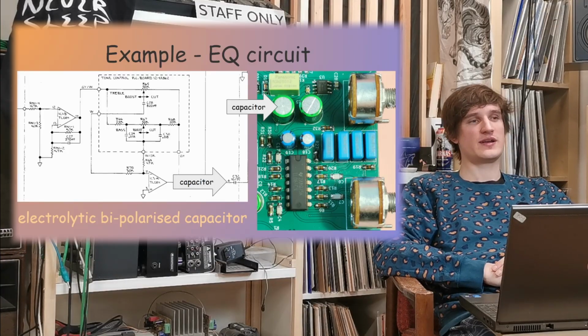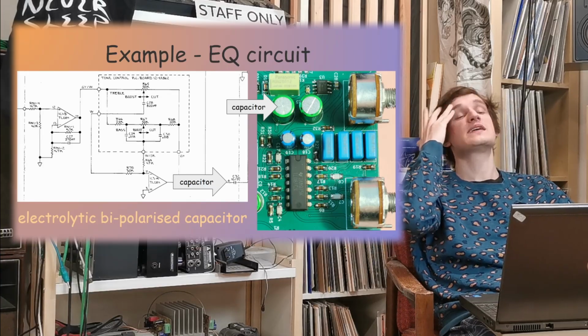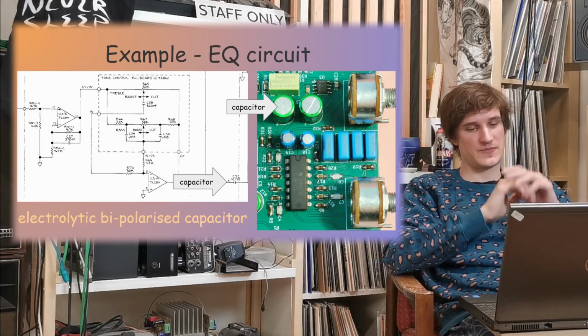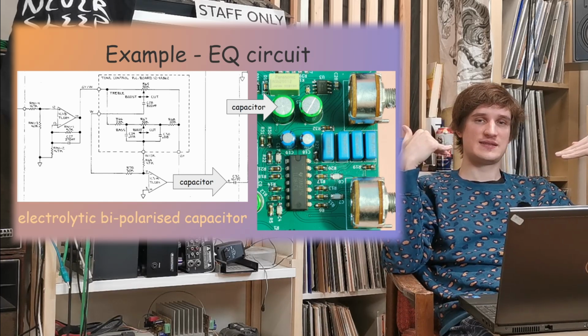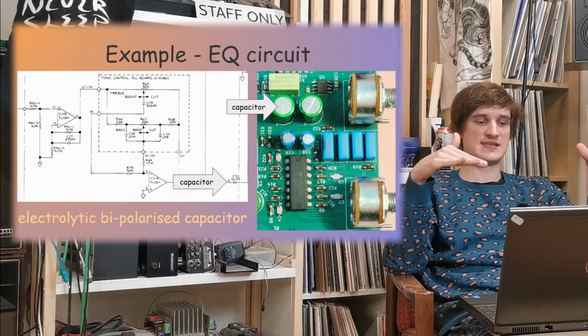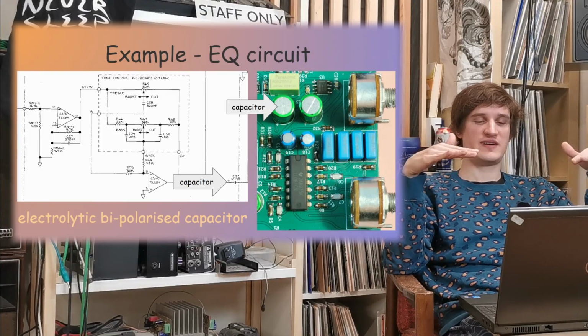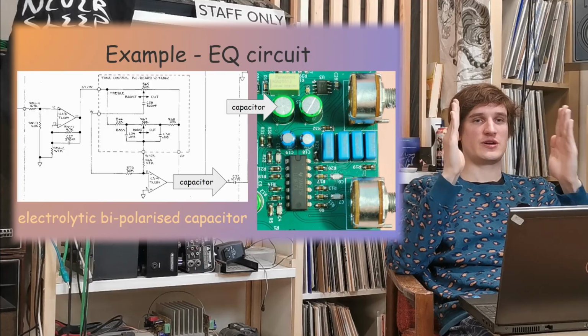But I saw many people upgrading original Array with those bipolarized capacitors, and in this application, when placing a capacitor in the signal path and blocking DC, it's more advisable to use a bipolarized capacitor because it's symmetrical.